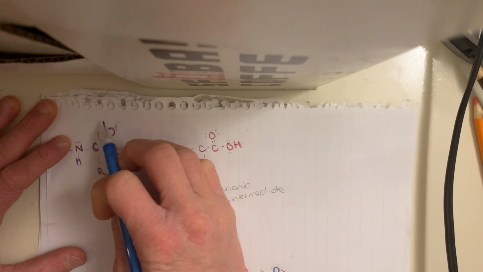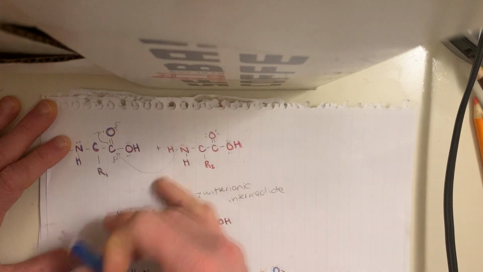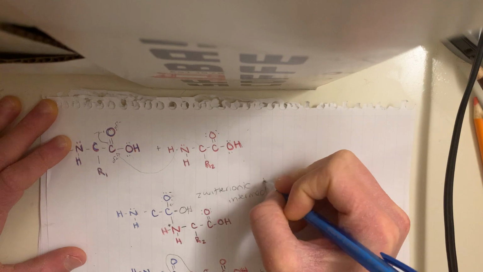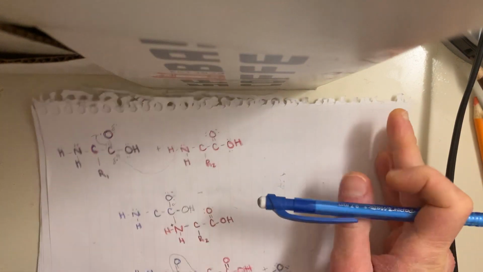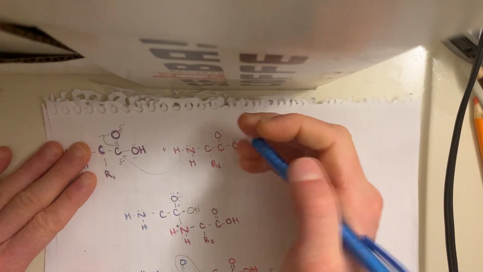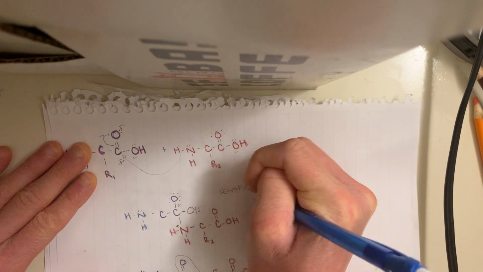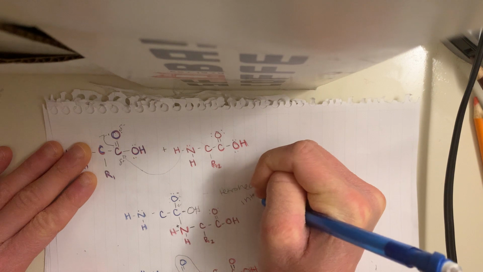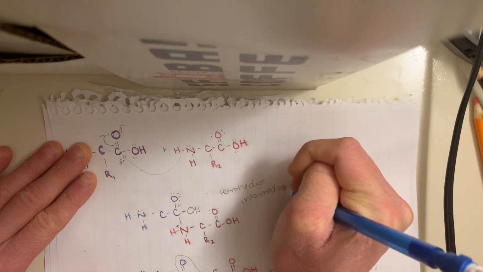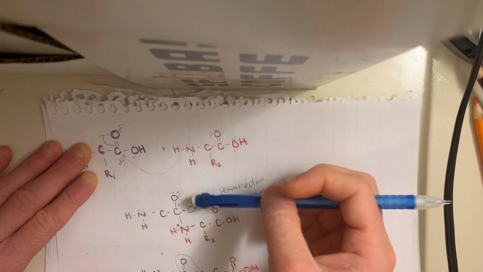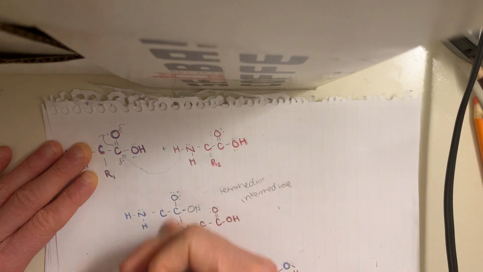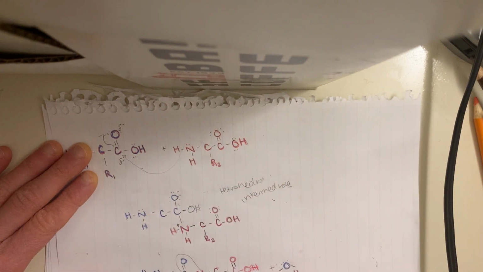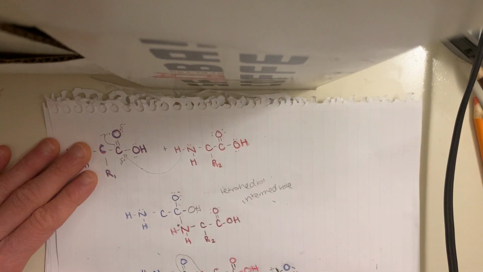The electrons flow up to the oxygen, giving you a single bond, and now you have this weird tetrahedral intermediate. This is an unstable intermediate. You can see it's kind of crowded, and you have this separation of charges, and it's not very happy.